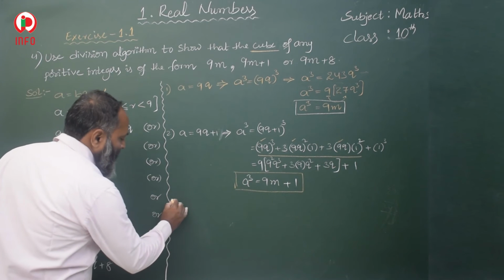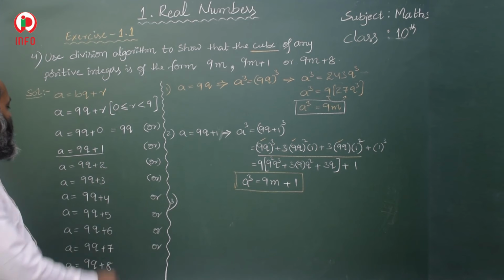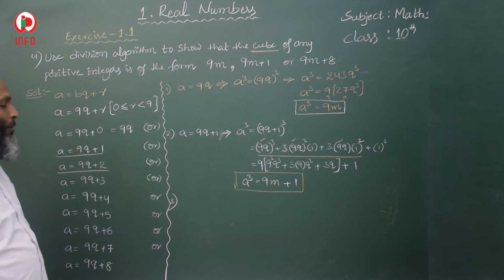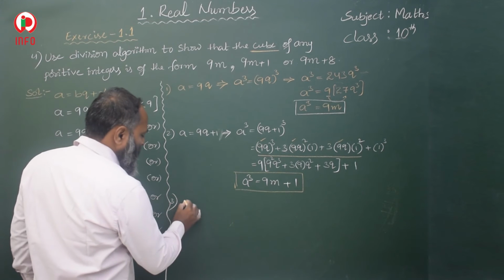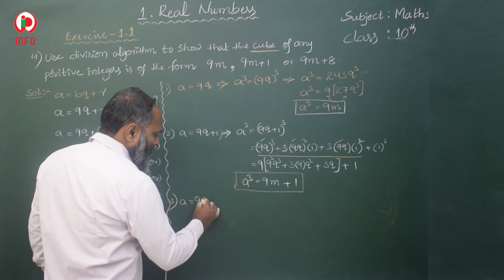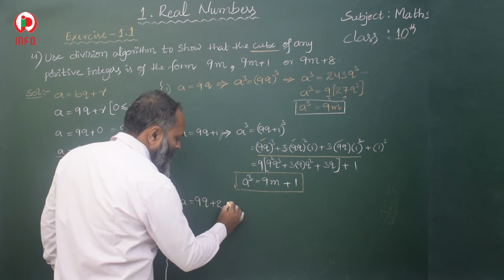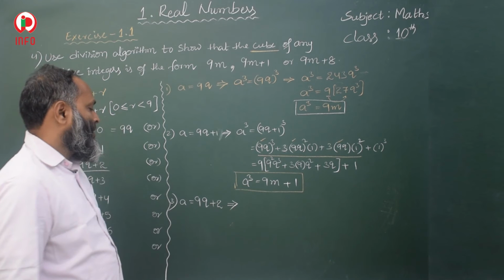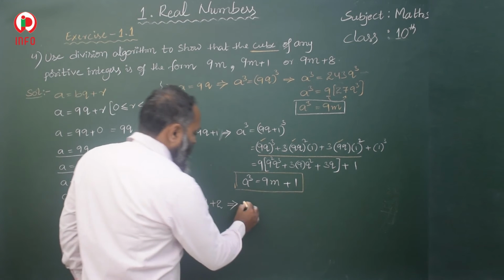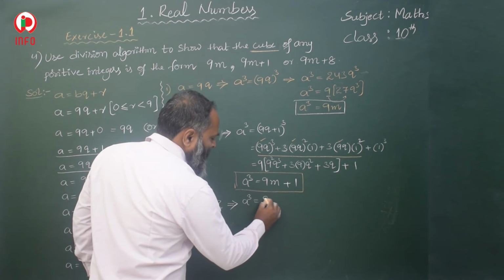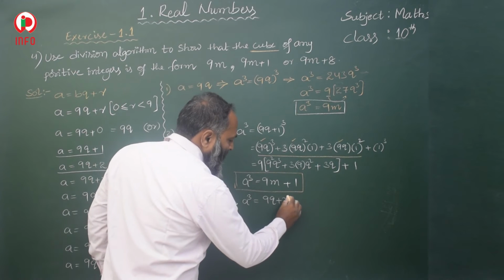In the third statement, this one, 9q plus 2. So now you take a equal to 9q plus 2. So then how to cube 9q plus 2? That is a cube on both sides. So (9q + 2)³.